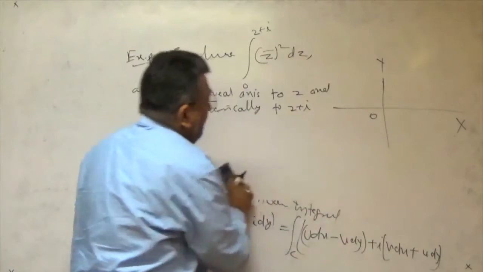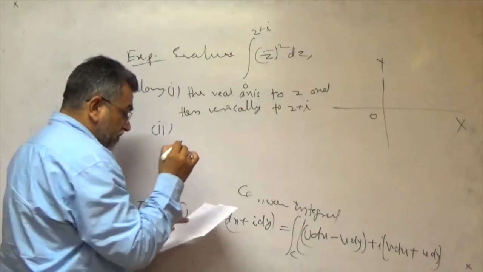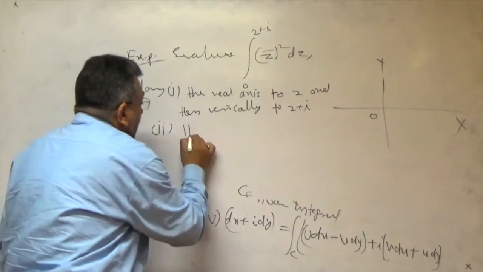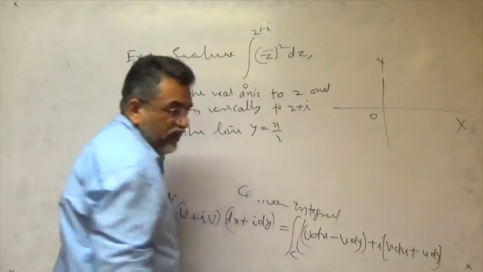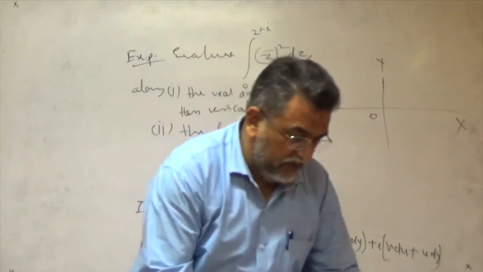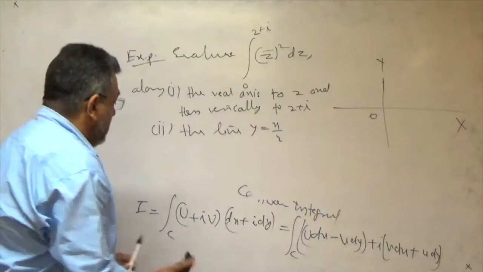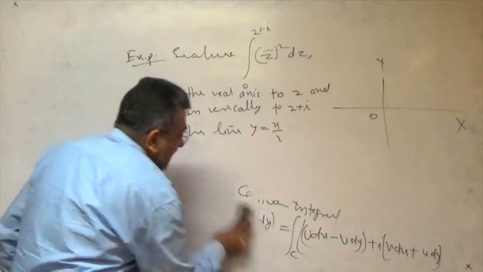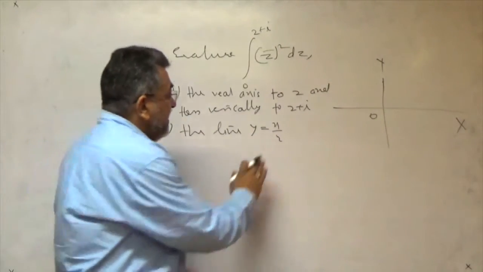This is the first part, and second part, the line y = x/2. This is the numerical example, by which you can understand the basic concept of complex integral.